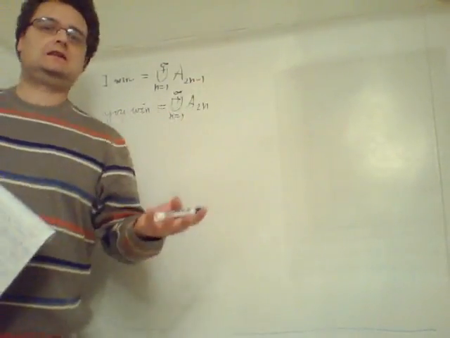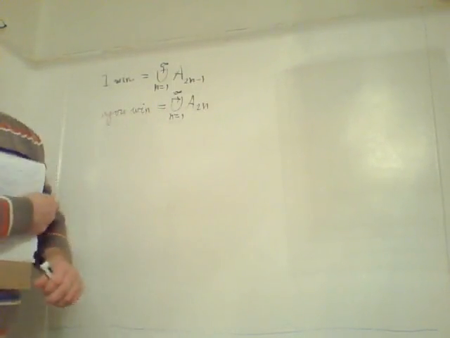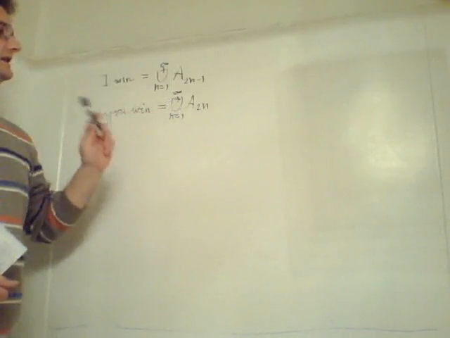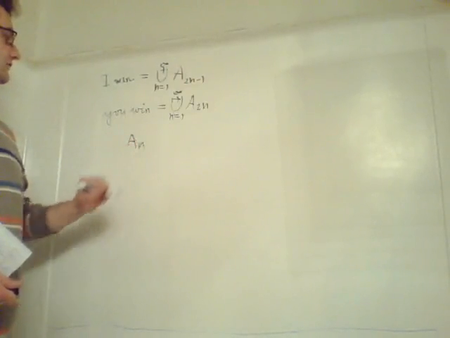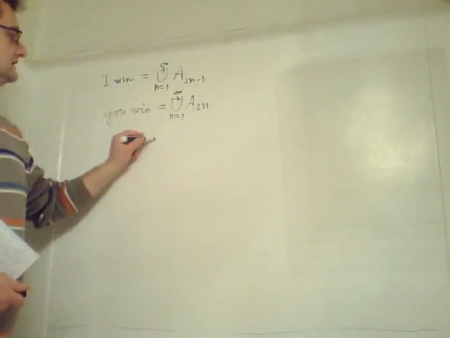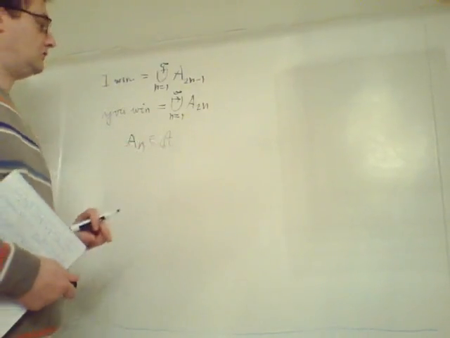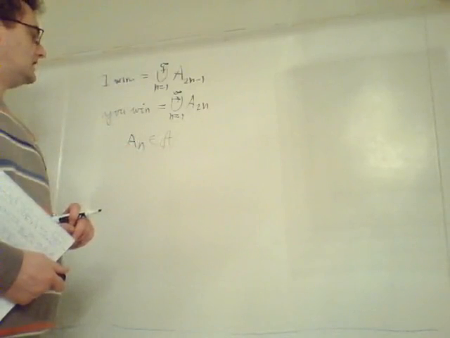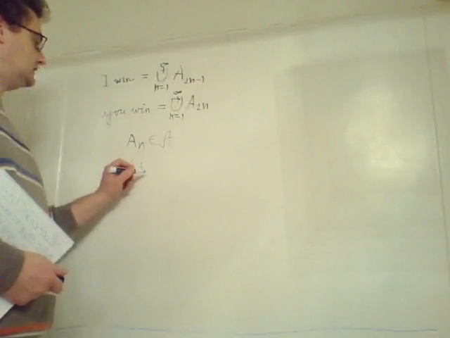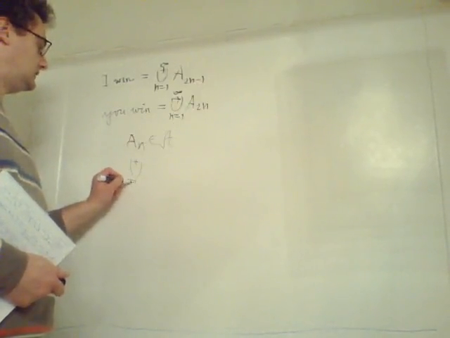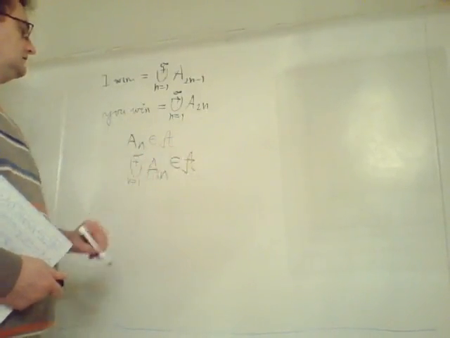We immediately come across an example where we really need to compute the probability of A_n. If A_n is in the domain, where by A we denoted the domain of probability, we want the countable union, if they are disjoint, also to be in A.